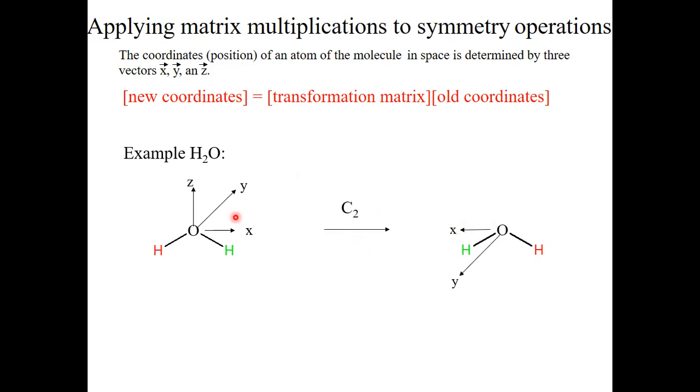The y-axis, which here points to the back, will rotate by 180 degrees and now point to the front. That means that the y-coordinate will retain its value but change its algebraic sign. So the associated vector will keep its length but reverse its direction. Now what about the z-axis? For the z-coordinate, nothing changes because we rotate around the z-axis.